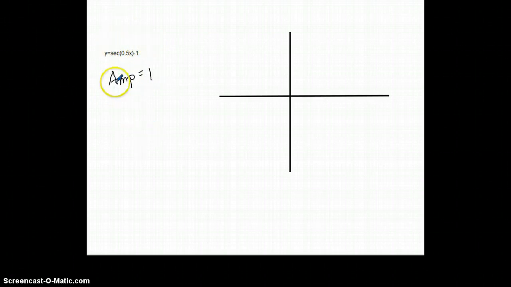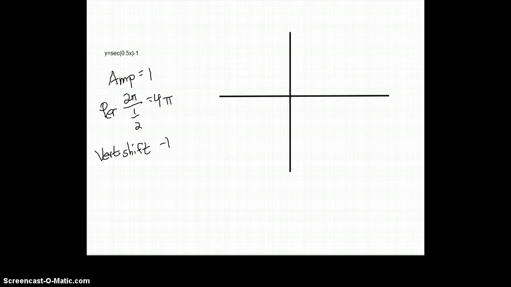There's no vertical stretching. We're doing two things here. The period is going to be 2 pi over 1/2, right? So that's going to be 4 pi. And we're going to have a vertical shift of -1. So we're going to take this and shift it down by 1 unit.